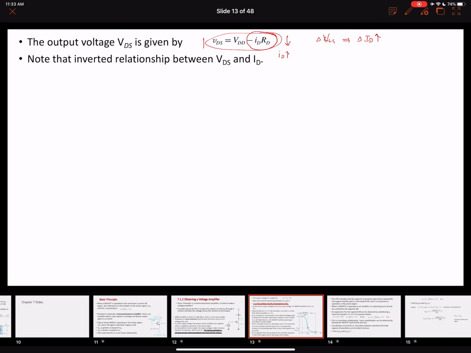This means that VDS will go down. That is why it has an inverse relationship with ID. So VDS as the output voltage, and ID, which is controlled by the input voltage VGS, follow an inverse relationship. And this is what we can see from the voltage transfer characteristics as well.